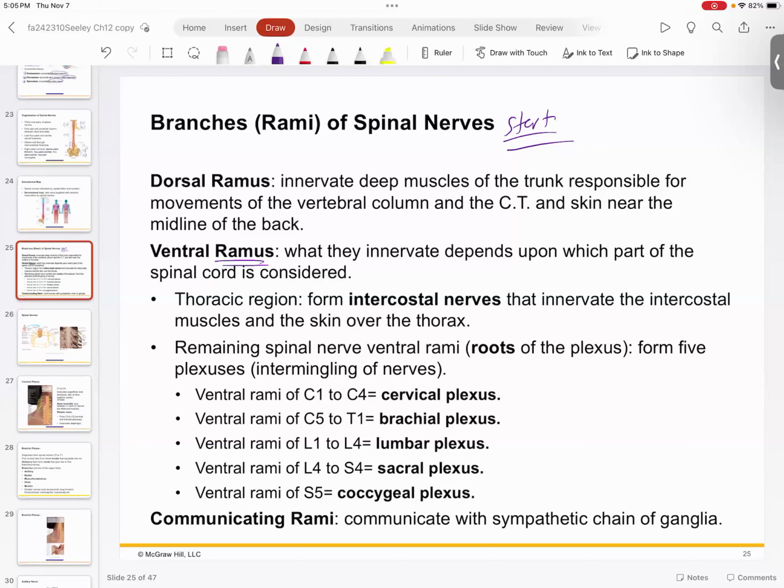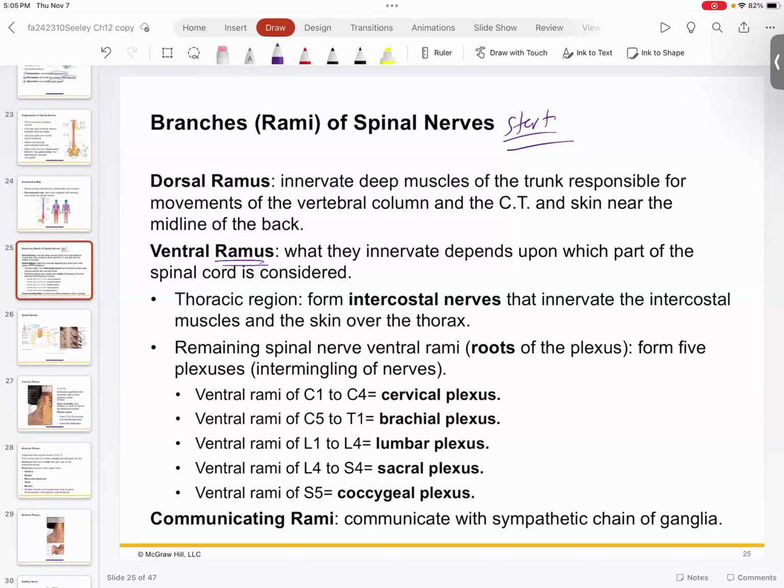The ramus that covers C5 to T1 will form the brachial plexus. The ramus that innervates L1 to L4 will form the lumbar plexus. From L4 to S4, it's the sacral plexus, and S5 is going to be the coccygeal plexus.